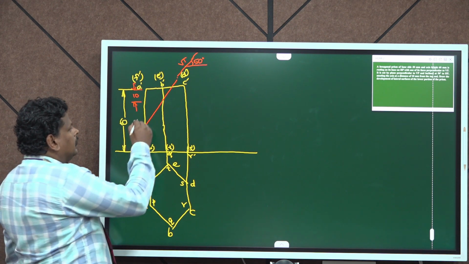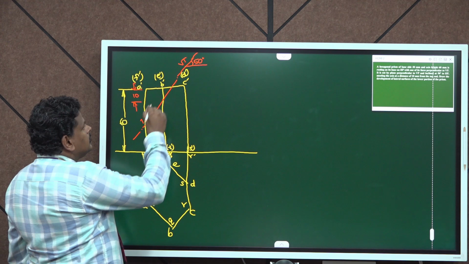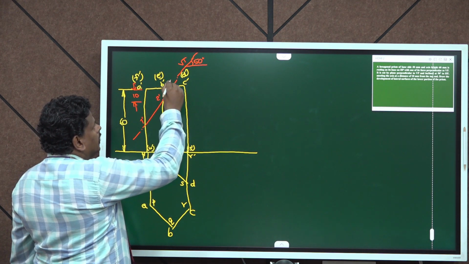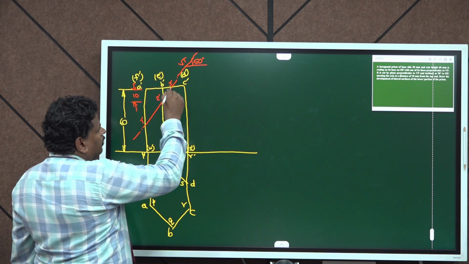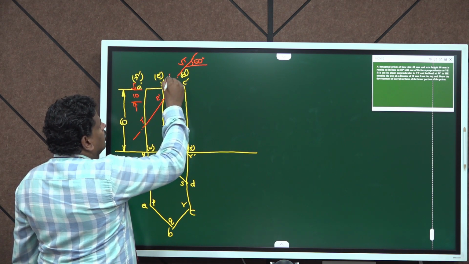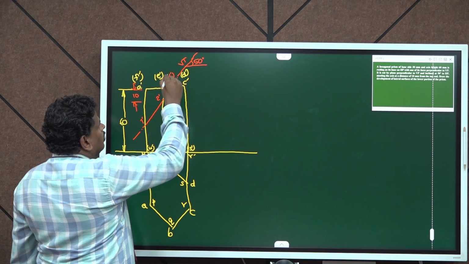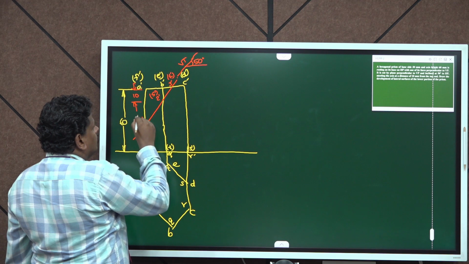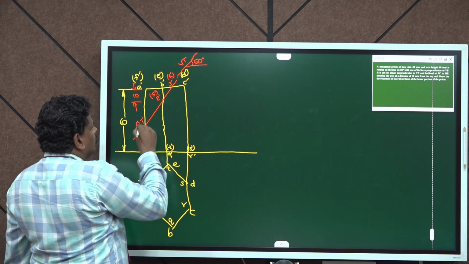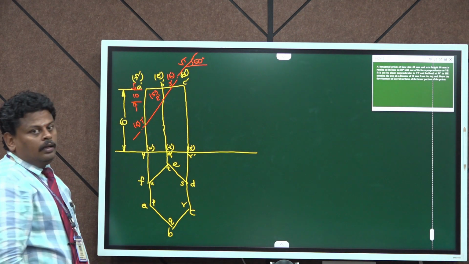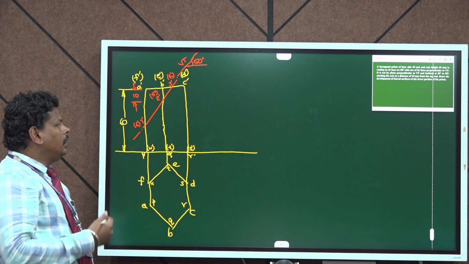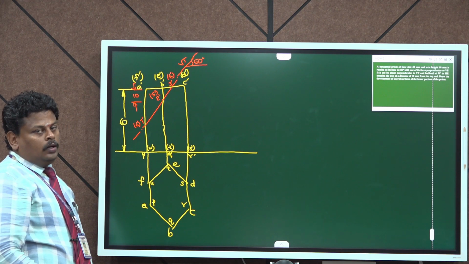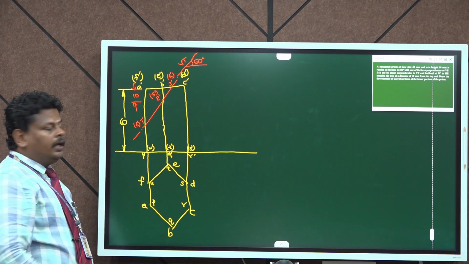Now we can mark the cutting points 1 dash, 2 dash and 3 dash. Here the cutting plane is meeting the edges, and in the hexagonal prism there are two edges whenever the cutting plane is intersecting.